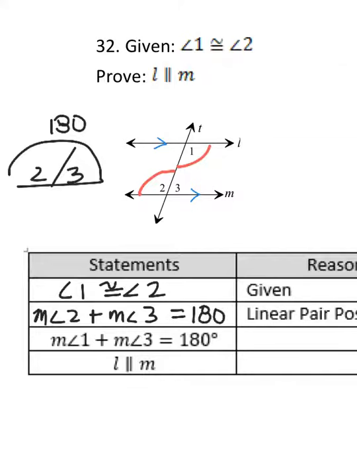Now, since angle 1 and angle 2 are congruent to each other, I can replace angle 2 with angle 1. And that was substitution.